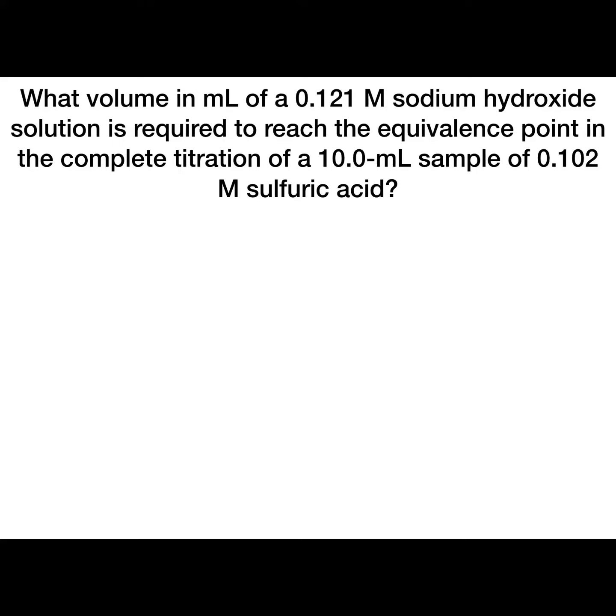So we have sodium hydroxide, which is the NaOH, plus sulfuric acid, which is H2SO4, yielding... So now the sodium is going to pair up with the SO4, so it's going to look like this, Na2SO4, and then the OH is going to go with the hydrogen, and it's going to be H2O.